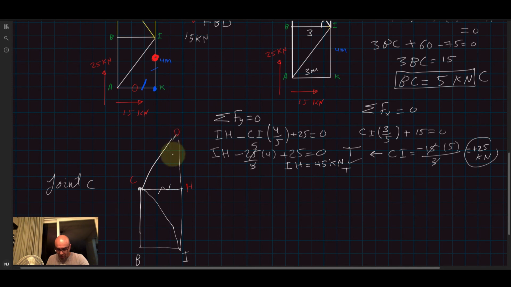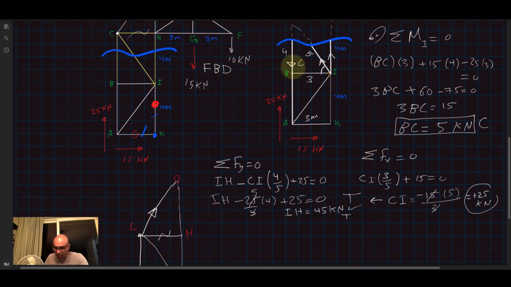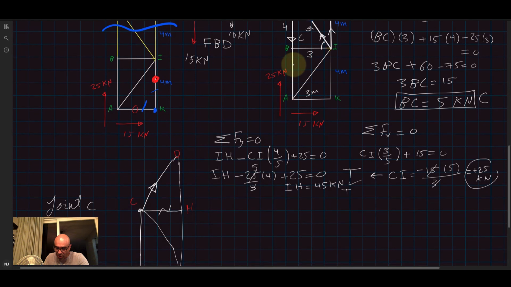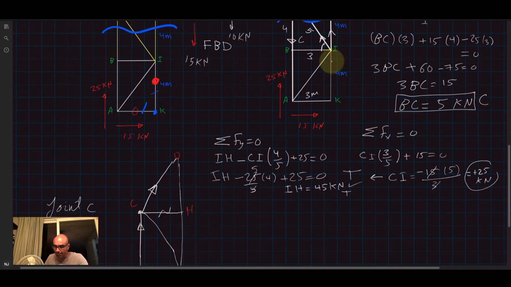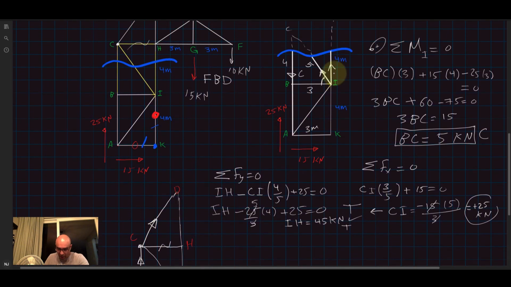Okay, so this is C. CD is unknown. I don't know, maybe I'll just assume it is going to be tension. Now CB, where is CB? CB is compression, so it's going to be towards the joint. And now this is IC.